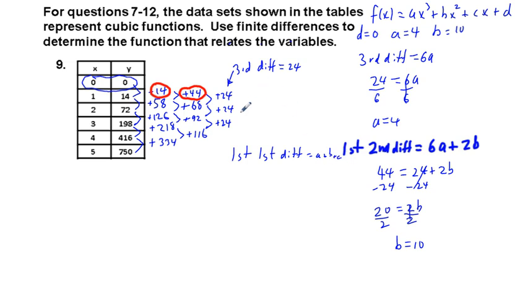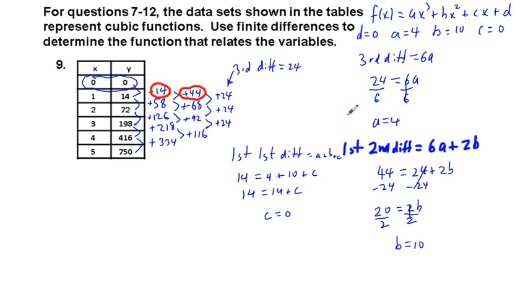Kind of run out of room here. So that's going to be 14 is equal to a, which is 4, plus b, which is 10, plus c. We have 14 equals 14 plus c. So c is equal to 0. Right here, up here, c is equal to 0.